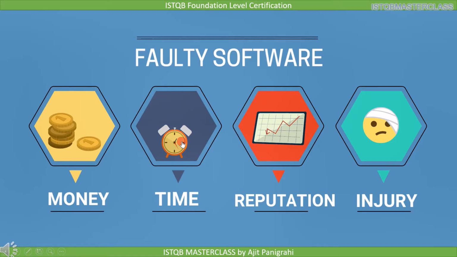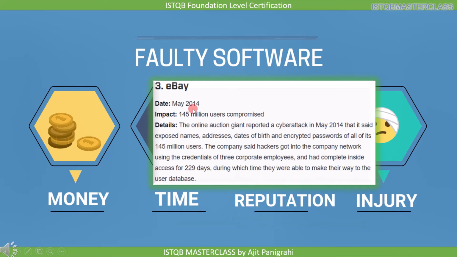Now let's move to the second example, that is time. Once this car is in the garage, they undergo repair, and at the same time the company has to do damage control, and all of these things take a lot of time. Now let's move to the third example, that is loss of reputation. In 2014, there was a breach in security aspect of eBay software. That means the software was compromised. It was not working as expected.